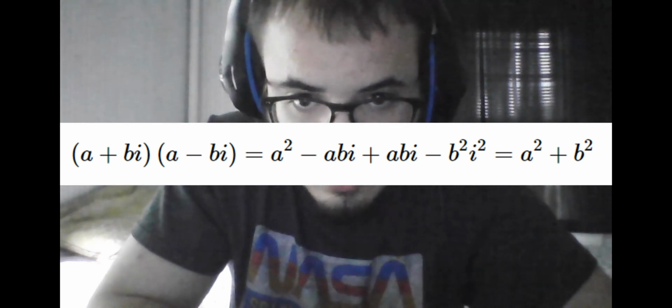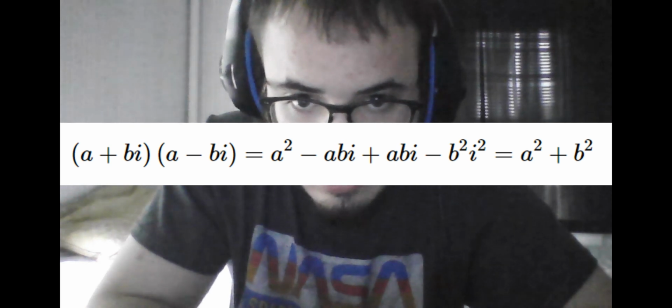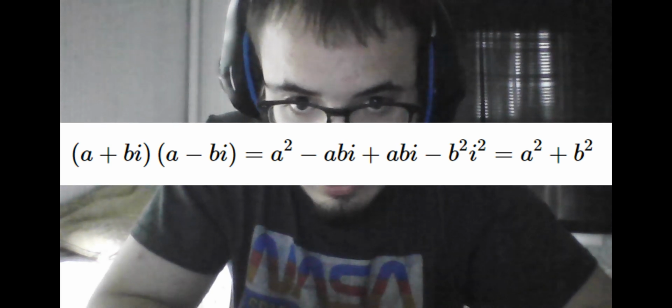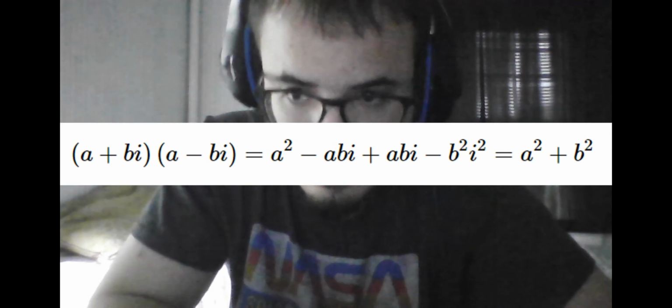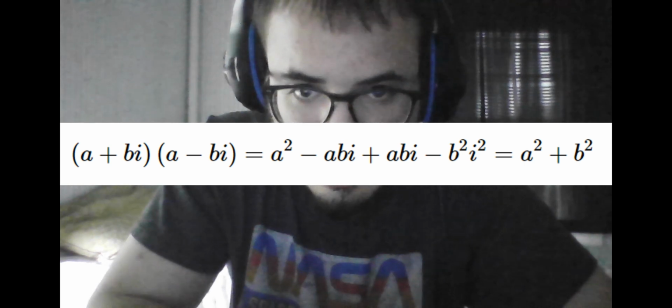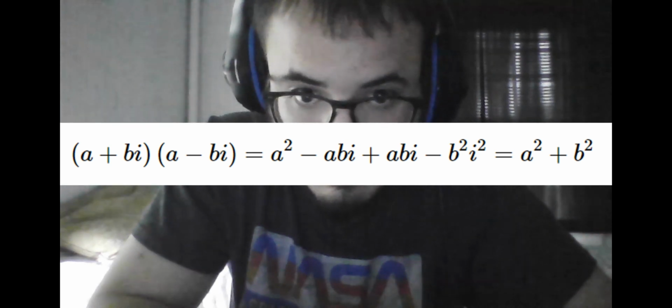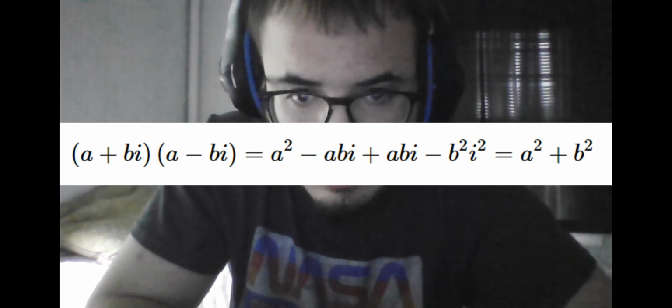So we have positive b squared. We conclude that anytime we multiply in this form, it will always become a squared plus b squared with no imaginary part, provided it is exactly in this form, i.e. a complex number in its simplest form and its conjugate. And if it is not, the formula will not work.